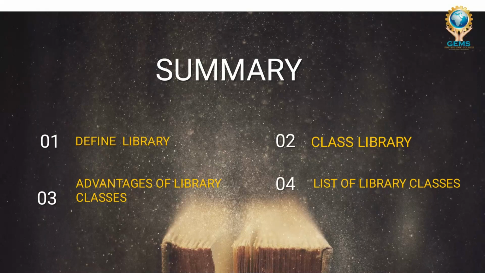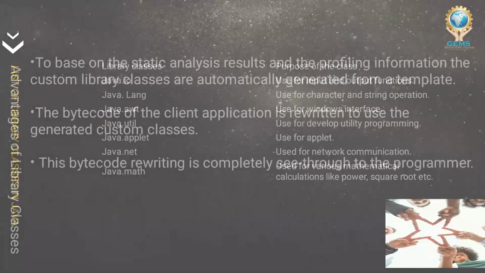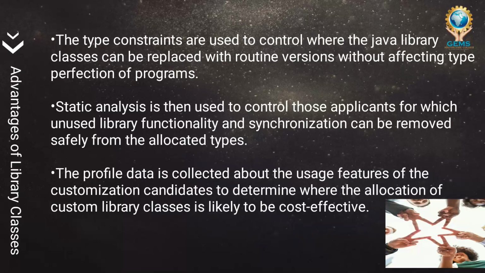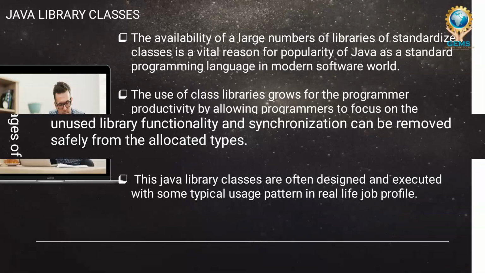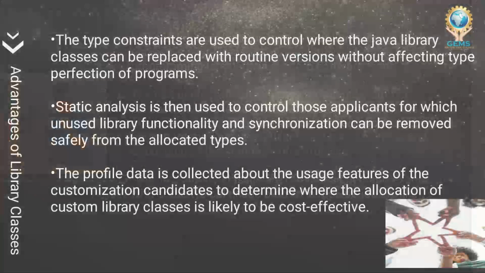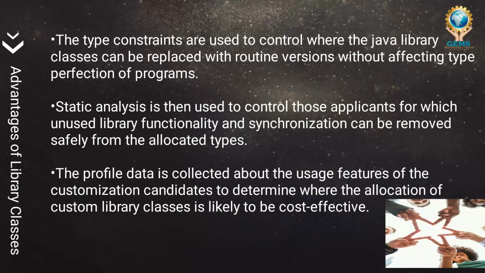Then we discussed advantages of library classes. We discussed many advantages. These are all advantages. The type constraints are used to control where the Java library classes can be replaced with the routine versions without affecting type perfection of programs.